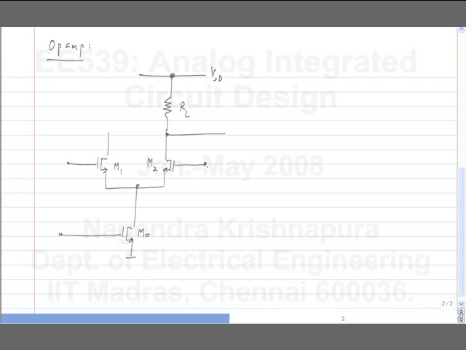Then we calculated the gain. It comes out to be something, but with the available supply voltage, the possible value of gain is very small. Even if you increase the supply voltage to 10 volts, you will not get a huge amount of gain. You will get in the hundreds. Okay. So especially with the low supply voltage like 1.8 volts, the maximum gain we calculated to be around 16. So this is not a useful technique.